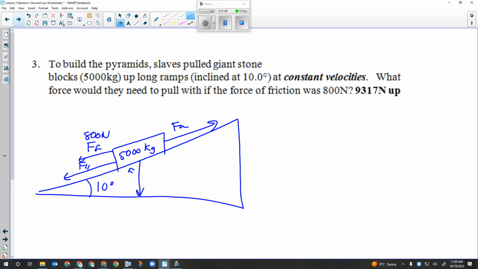So this is Fg, so it's going to be 49,050 newtons. Then F normal will be over here, which I won't need, and F parallel is right here, which I do need. To get F parallel, same as it always is for every inclined plane, it's the sine of the angle of incline times the force of gravity, 49,050 newtons.